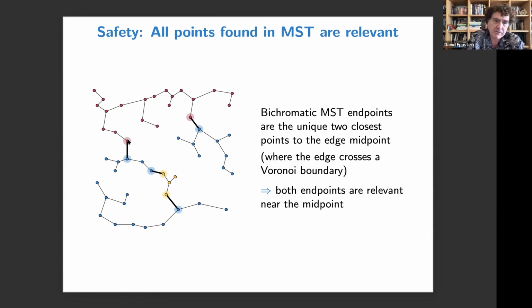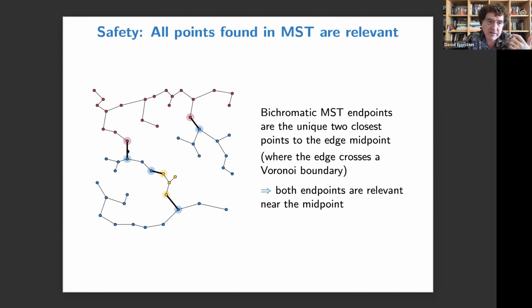Every time we have a bichromatic edge of the minimum spanning tree, that edge, it turns out, pierces the Voronoi wall between those two points. So not only is that edge of the minimum spanning tree dual to a wall between two Voronoi cells, but it actually pierces that wall. That's not true for other Delaunay edges, but it is true for the minimum spanning tree edges.